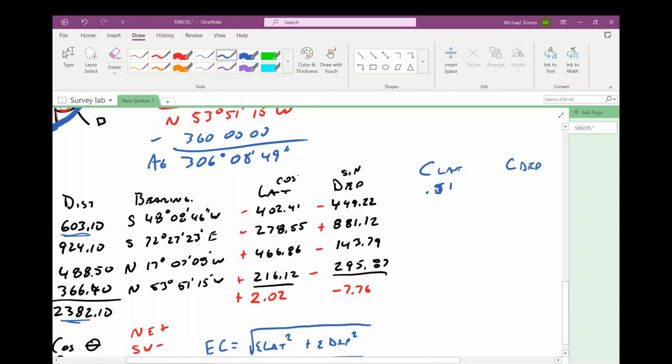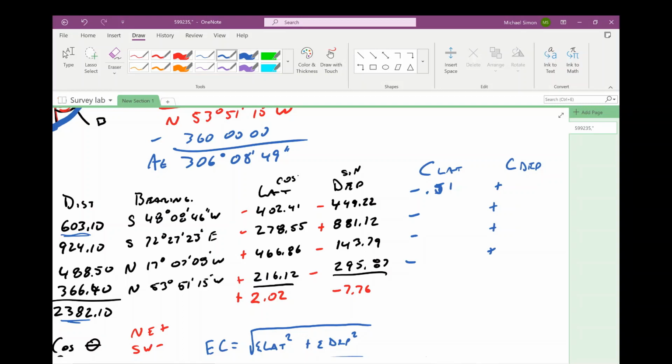Now, these are all positive. This is a positive sum, so all my corrections will be negative. And on my departures, it's negative, so all my corrections will be positive. So I can put the signs in right off the bat.